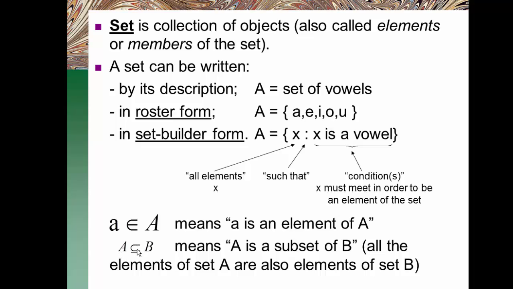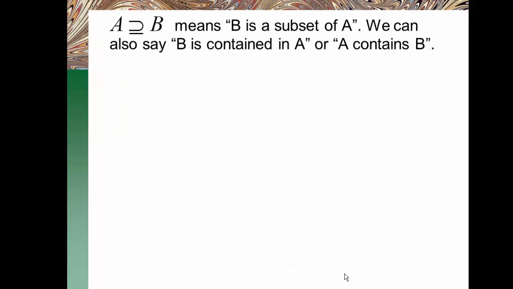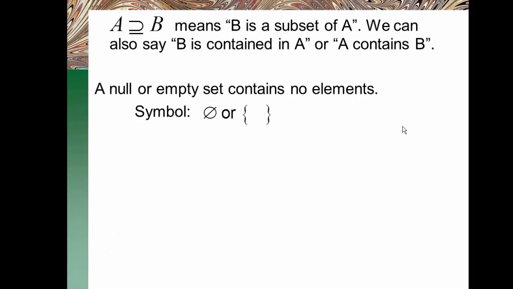Capital A is a subset of capital B, which means all the elements of set A are also elements of set B. Here's a similar symbol, but now it means "contains". A contains B simply means B is a subset of A. A null or empty set contains no elements. Here's a symbol for the empty set.